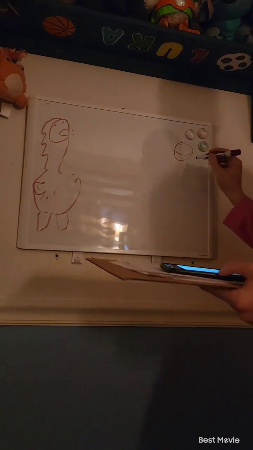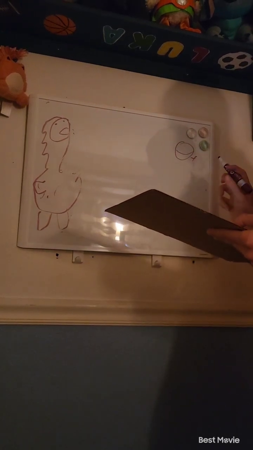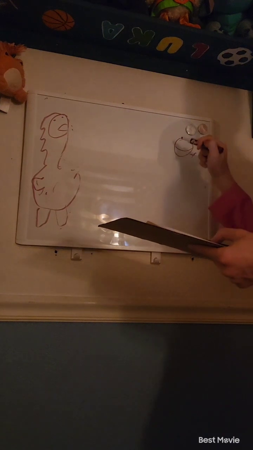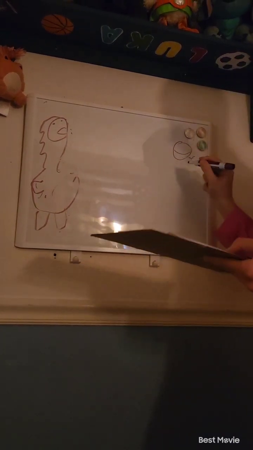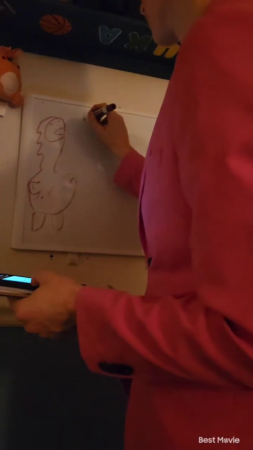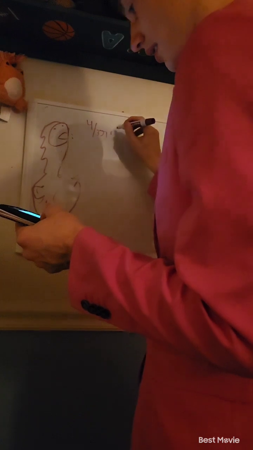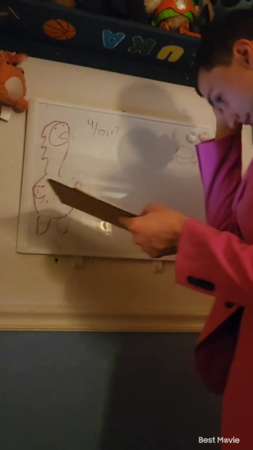And we know that it's getting bigger, it's growing. Alright. So, we need to know the equation for the volume of a sphere, which is 4/3 pi r cubed.